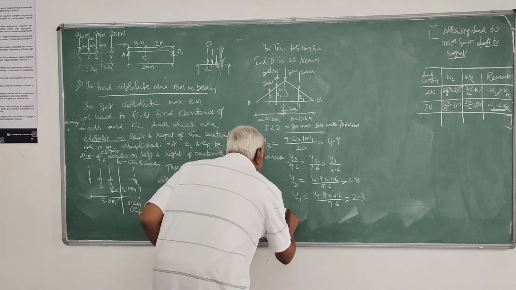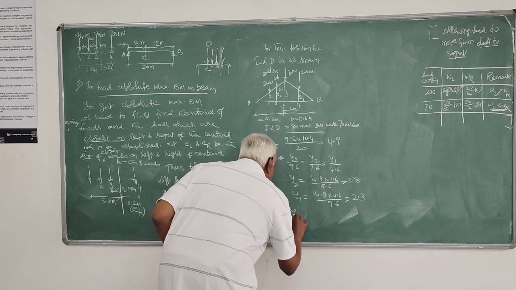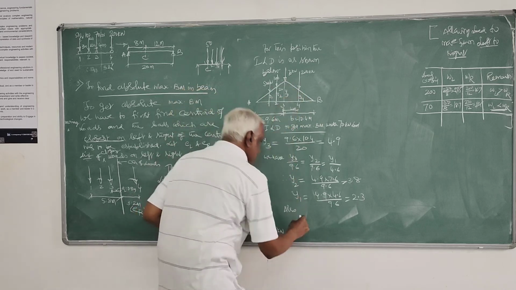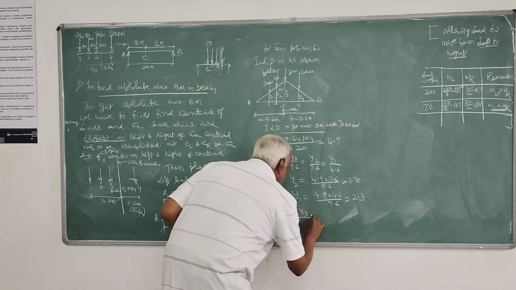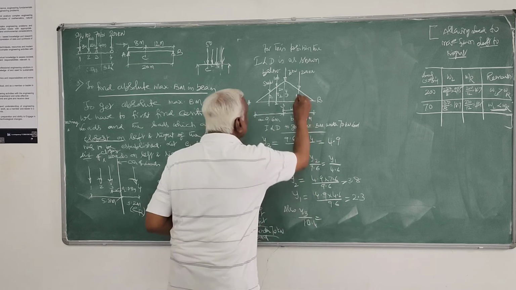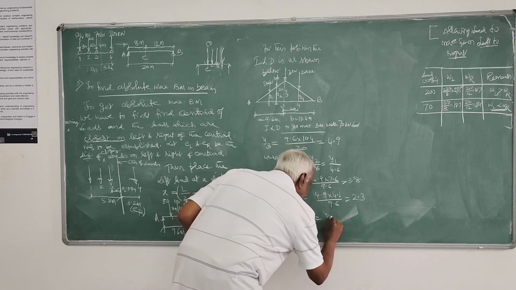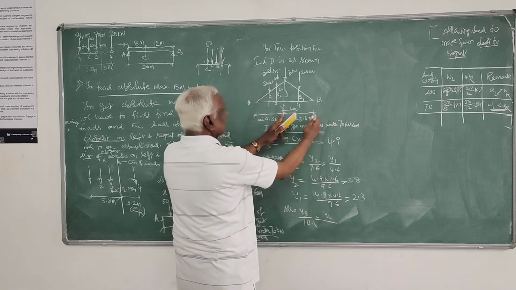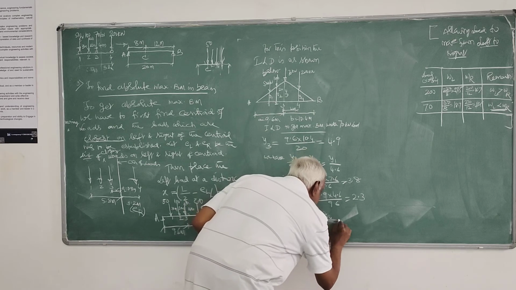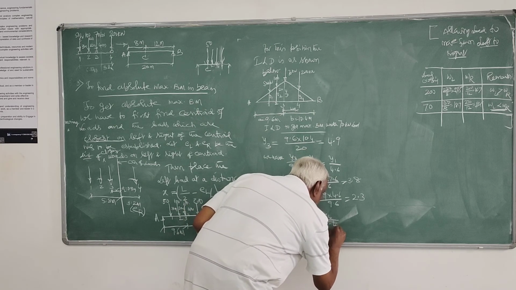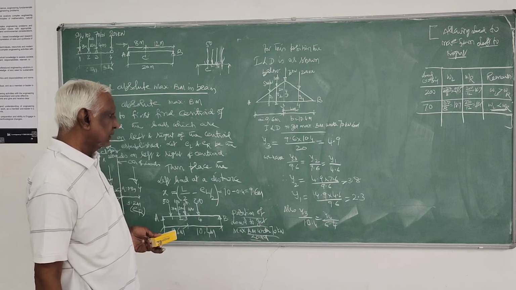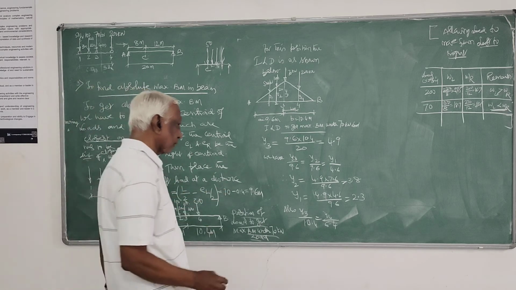Okay. Then also you take the other similar triangle. Right? So there Y3 divided by 10.4 is equal to this ordinate Y4 divided by 10.4 minus 4, that is 6.4. 6.4 plus 4 is 10.4.